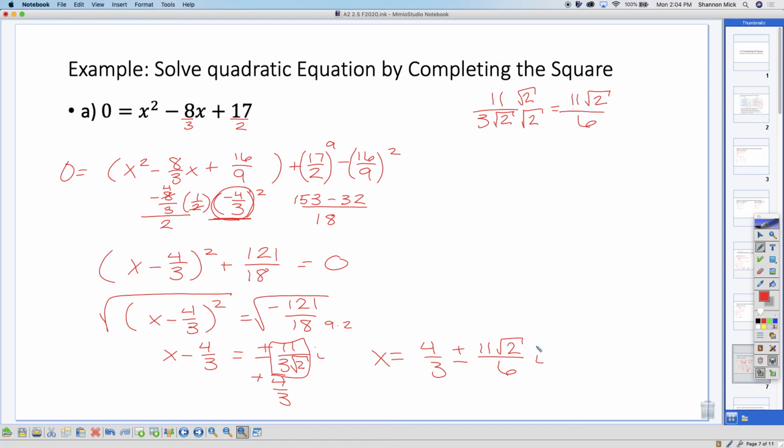If this would have come out to be negative 18 over 121, our life would have been fine, because I would have taken the square root. The square root of 18 would be 9 times 2, so the square root of 9 is 3. So it would have been 3 square root of 2 over 11, and I could have that with i and I would be done.